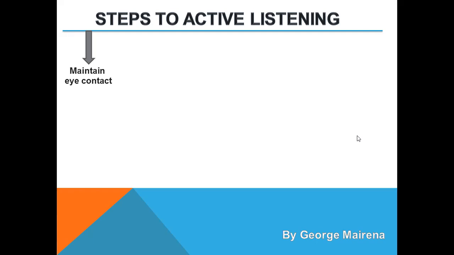Alex, what can you say about the second one? Number 2 is for you. Let's see what the next step is. Maintain eye contact? No, this one. Don't interrupt. This is Marilia.